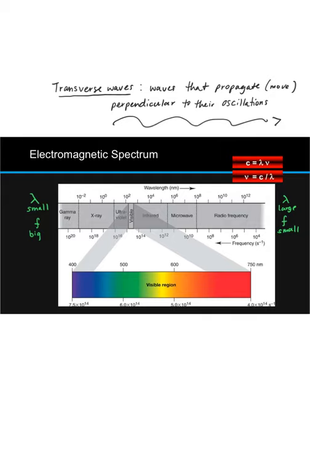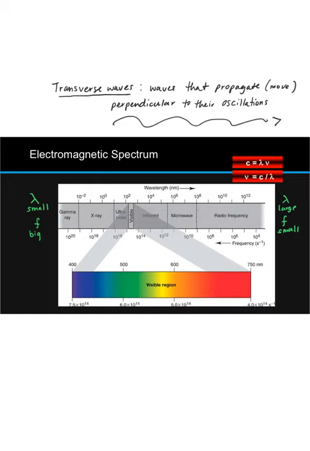First, though, recognize that in the center of this spectrum, a very small sliver of it is dedicated to visible light. Our eyes are particularly puny detectors of light. We can only see this small sliver of the entire electromagnetic spectrum, from a wavelength of about 400 to about 750 nanometers, or frequencies from about 4 times 10 to the positive 14th power to 7.5 times 10 to the positive 14th power hertz.